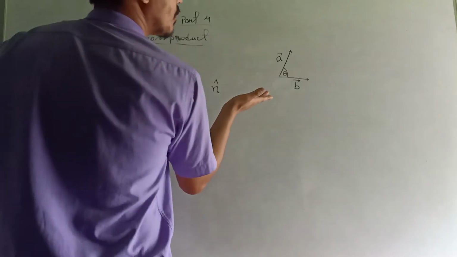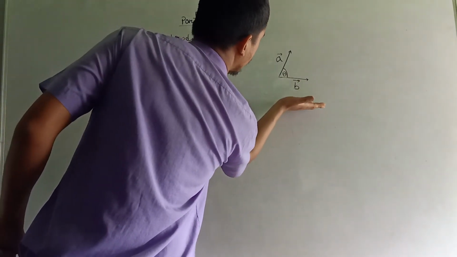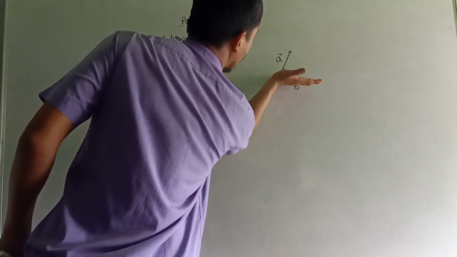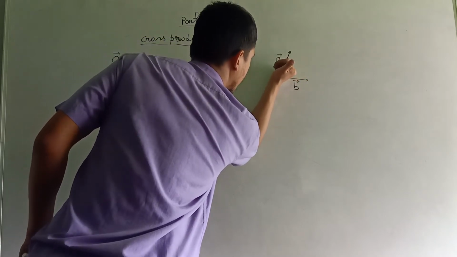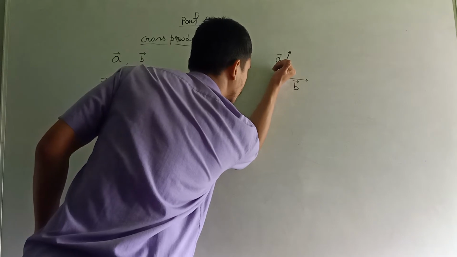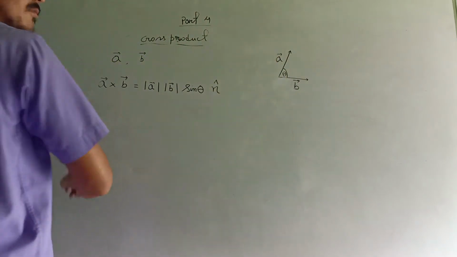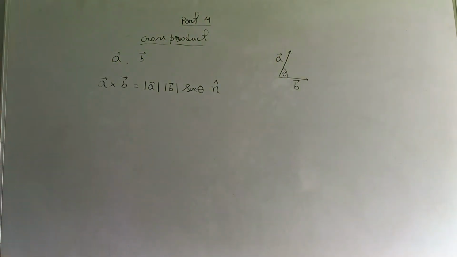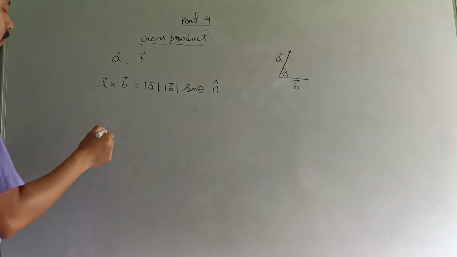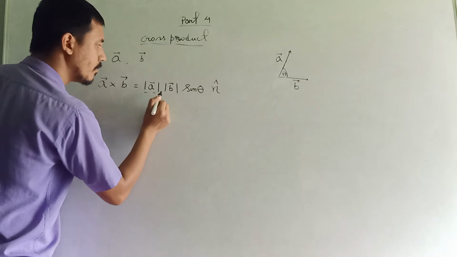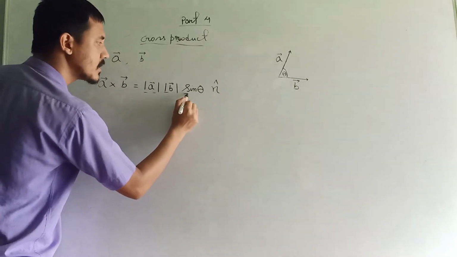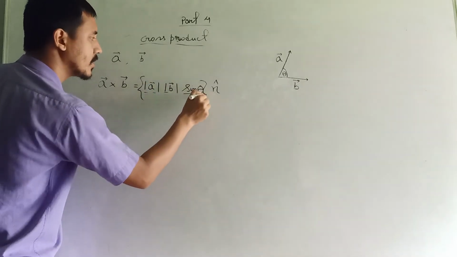Just place the palm on the plane containing one of the vectors. You curl your forefingers towards the other vector. Then the direction where the thumb is pointing gives you the direction of this A cross B. Alright? The magnitude of A, the magnitude of B, and sin theta: these three are scalar quantities.